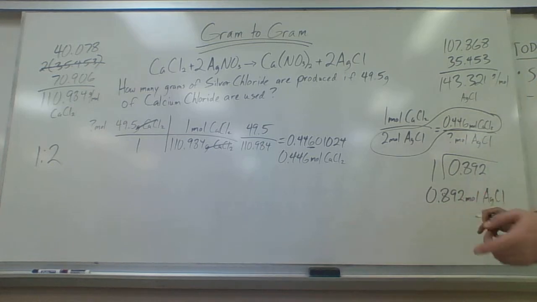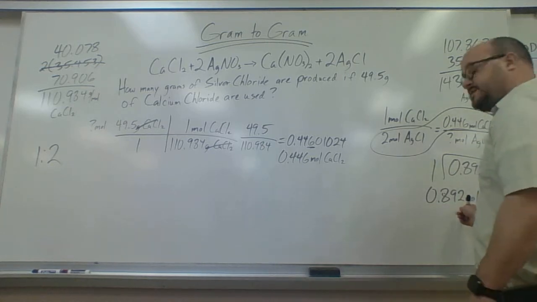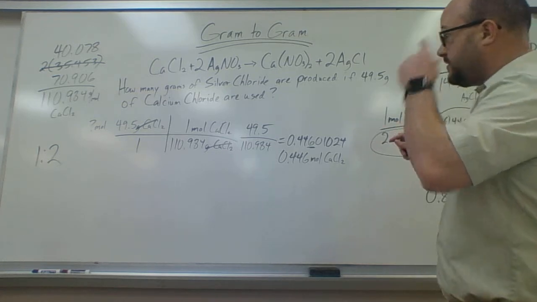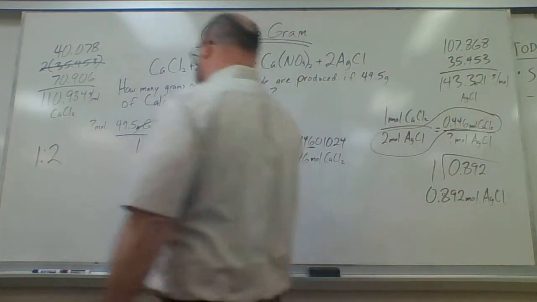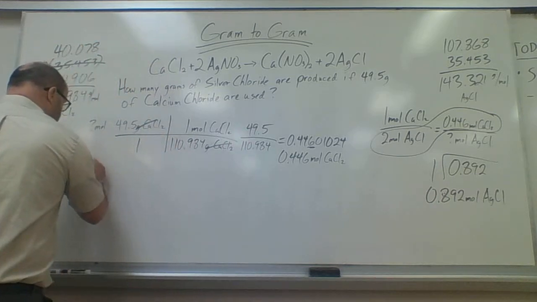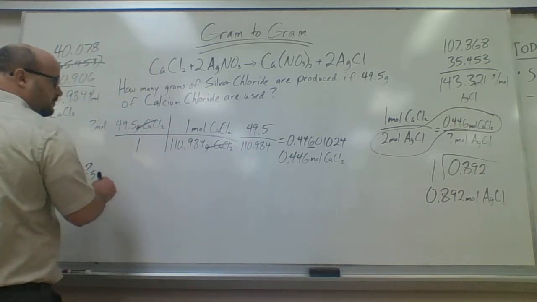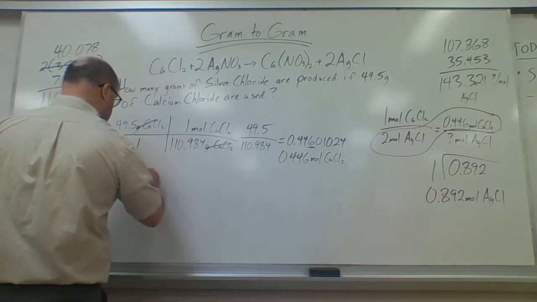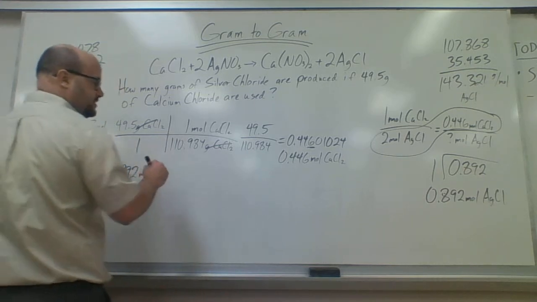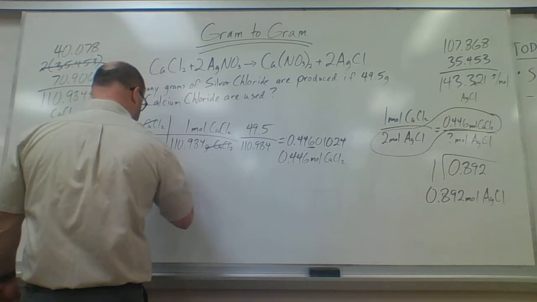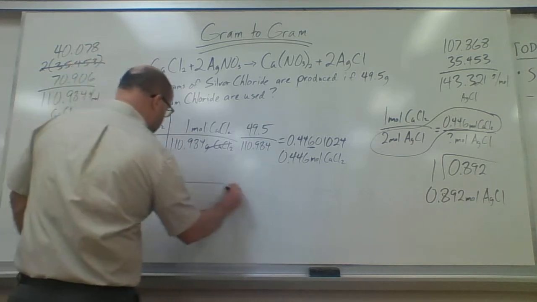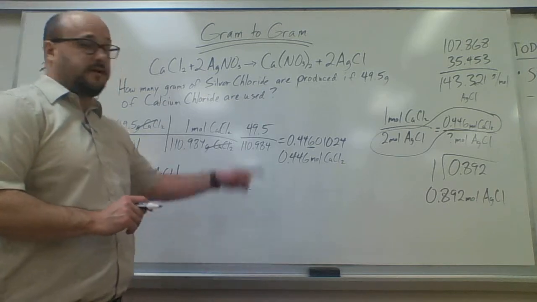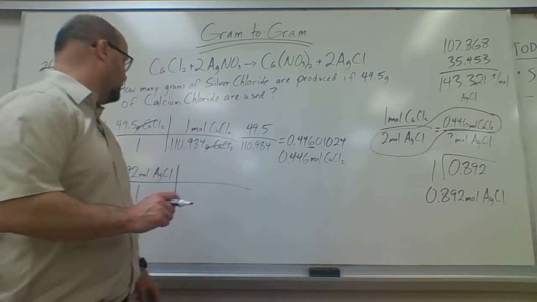All right, last step. You have to convert moles of silver chloride into grams of silver chloride. So we're going to take our moles. Remember, we want grams. Write down your moles, 0.892 moles of AgCl, railroad track, railroad tie over 1. And then we already found the molar mass for it earlier.